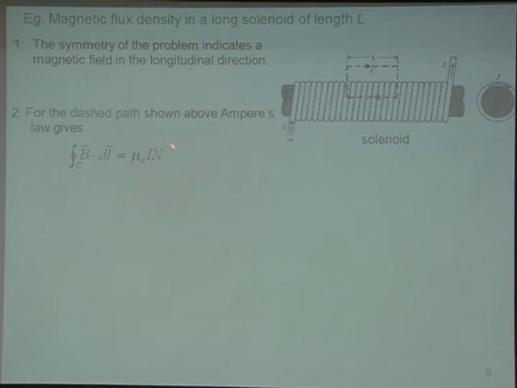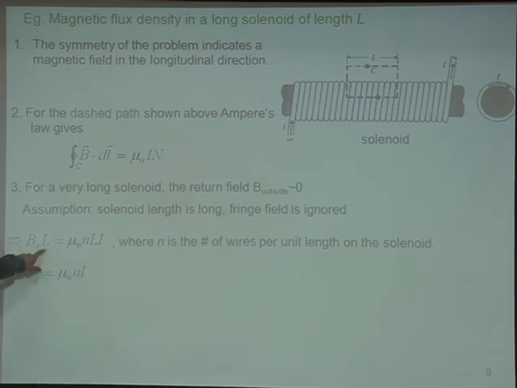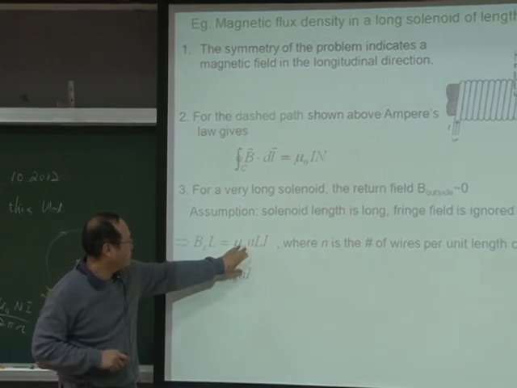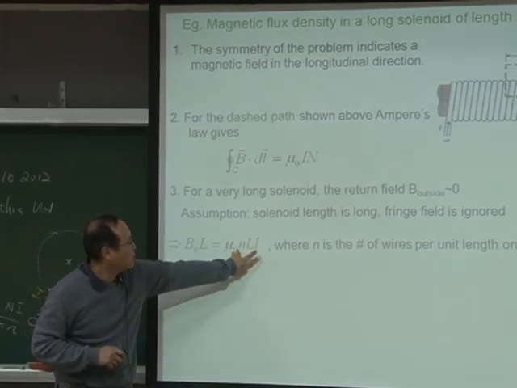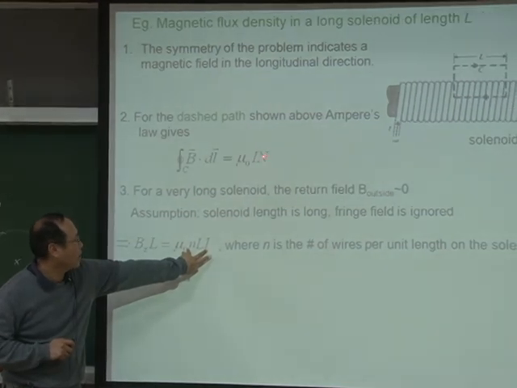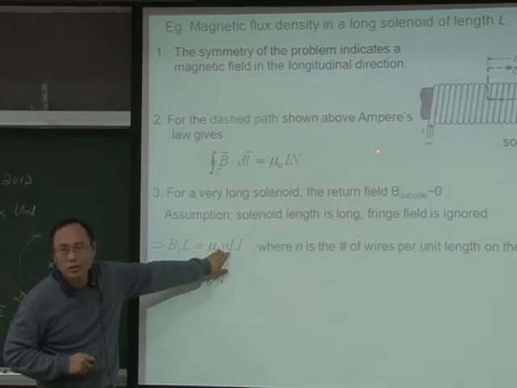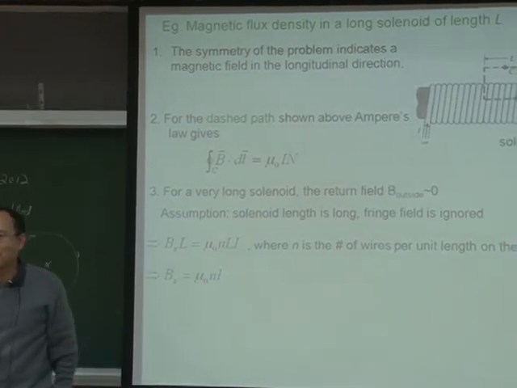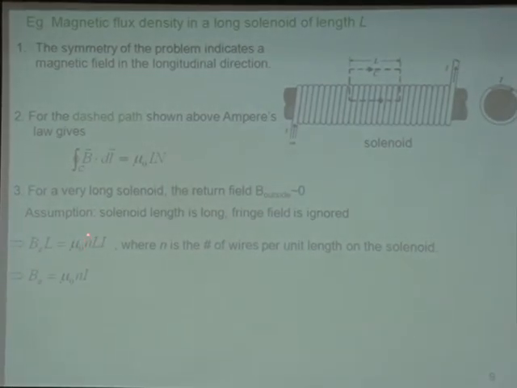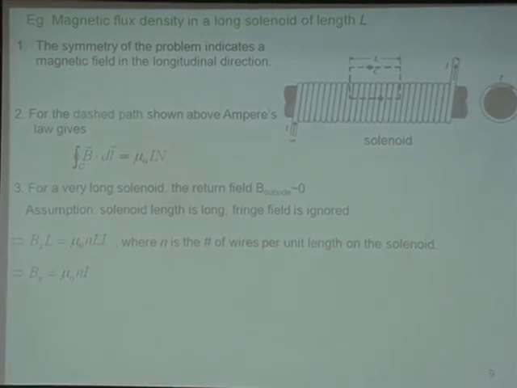And on the right hand side, if you have N current in this region, then you have N I multiplied with mu zero. OK，所以呢，你在整个计算里头，其实就是把这个 Bz 乘上你的这个长度 L, and on the right hand side, this is mu I multiplied with this N. 但这个 N 呢，在这里呢，你可以把它写成每单位长度里头有多少个电流乘上你的长度。Okay, so this is sort of the number of wires per unit length in the solenoid.